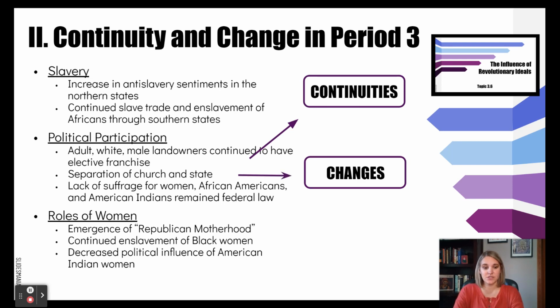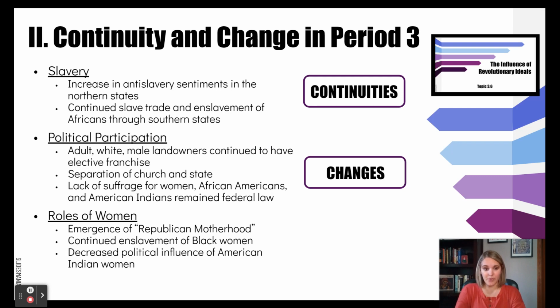This is something that is going to be a marked change after the revolution. But we still continue to see a lack of suffrage for women and African Americans and American Indians as part of the federal law. And so even though New Jersey temporarily grants women the right to vote, federally, we see this maintaining as a continuity.